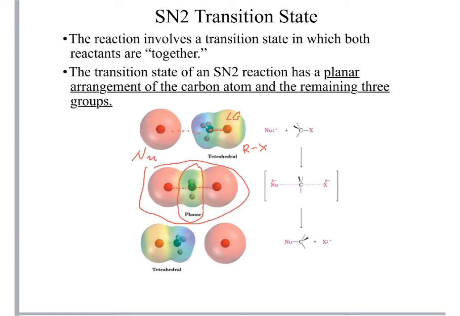So the carbon atom in a transition state has its 3 remaining groups in a trigonal planar arrangement. So essentially it is flat. It is planar at the carbon center.